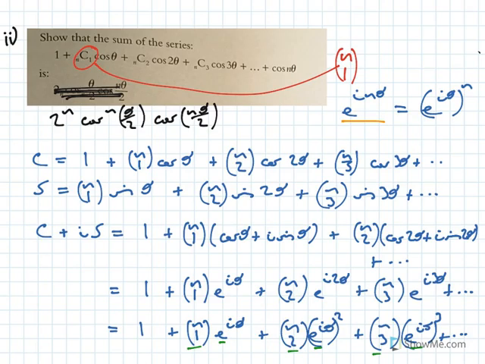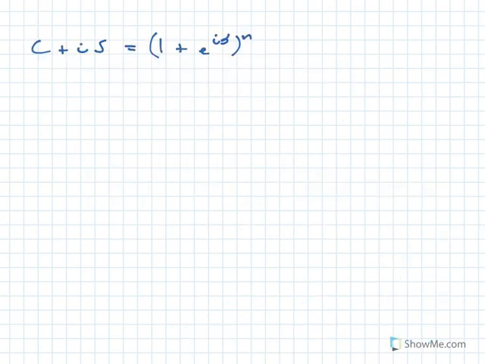So therefore we can write this as C plus iS is equal to 1 plus e to the i theta, to the power of n. And if you don't see that straight away, then just expand this right hand side out and check that it is indeed the bottom line there.